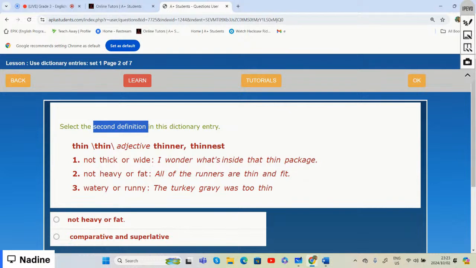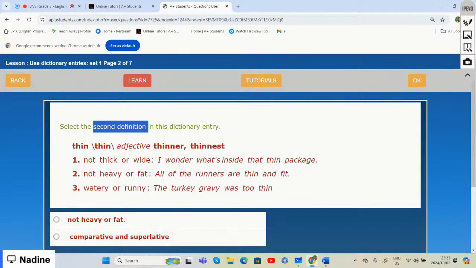So, if we look at the second definition, is it option 1, not heavy or fat, or is it option 2, comparative and superlative?